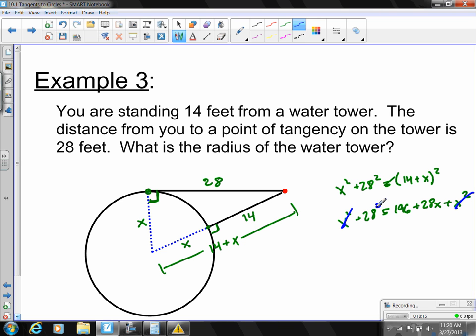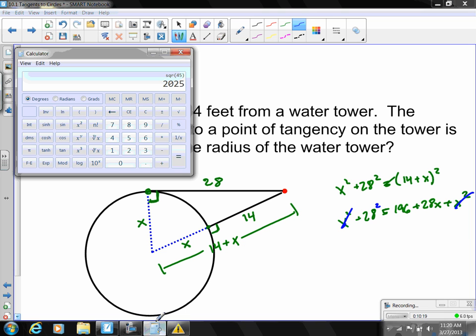So 28 squared, 784, minus the 196 is 588.